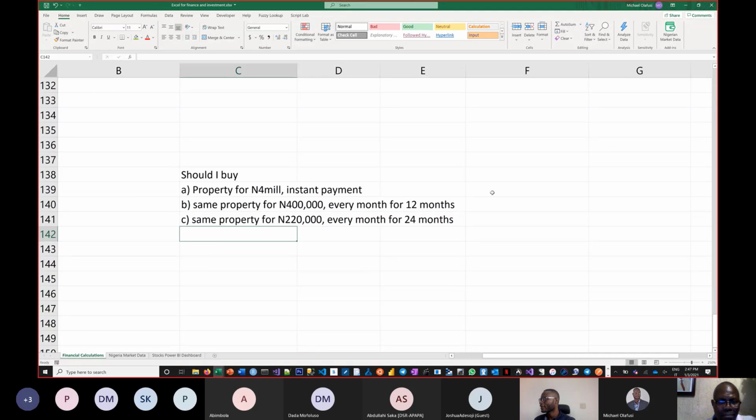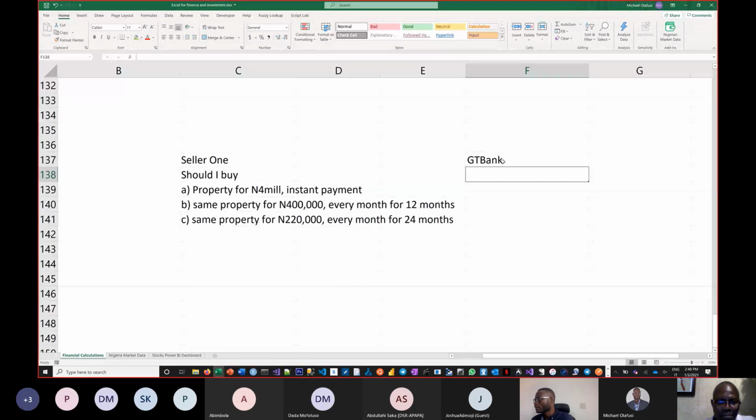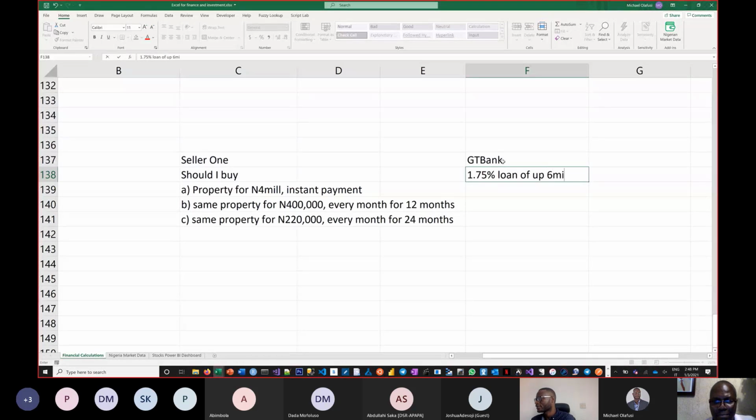Now, considering, or how do you make your choices? So this is seller one. Now, let's say GT Bank is offering me a 1.75% loan of up to, I can take as much as up to 6 million.